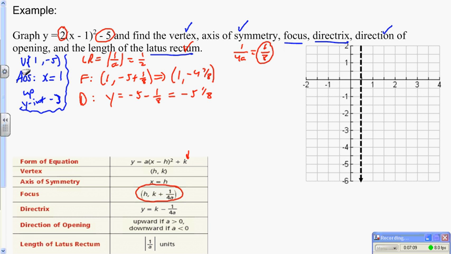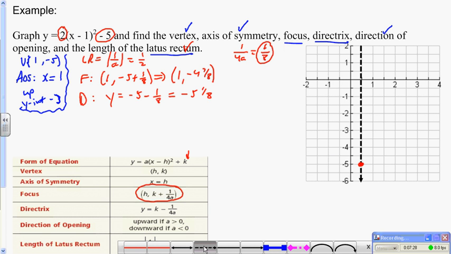Notice that my units are, it goes by 2's, so I went down 5 units, but I forgot to notice that it goes by 2's here, or that each tick mark is 1/2. So 1, 2, 3, 4, 5. So here's -5. That's our vertex. Alright, so where's our directrix? It's -5 1/8.